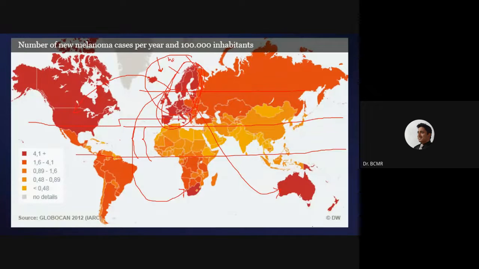So I think these are the people who, because they have very light skin tone, might be more prone to skin cancers. When I was in Denmark, I used to see many people complaining.